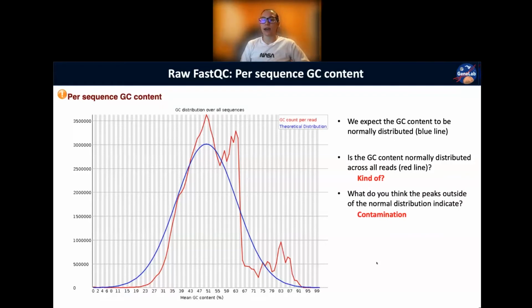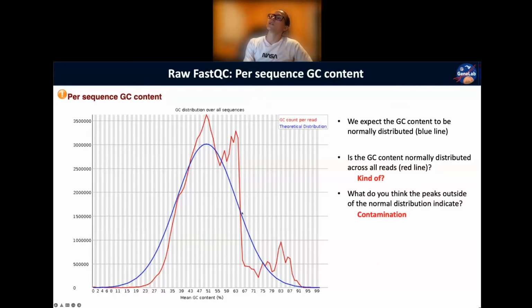It might be adapter dimers, depending on the GC content of the adapter dimers. It might be an indication of some other, like a bacterial contaminant, especially if we're processing tissues. As you know, as biologists, humans and animals have more microbes than we do our own cells. So there's going to be microbial RNA in here when we do our RNA extractions.